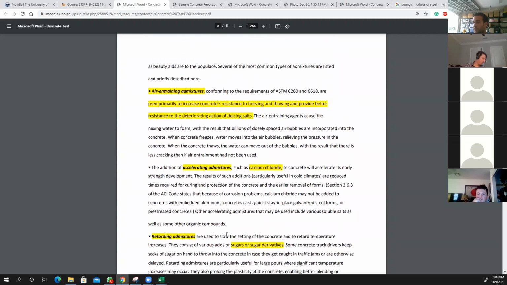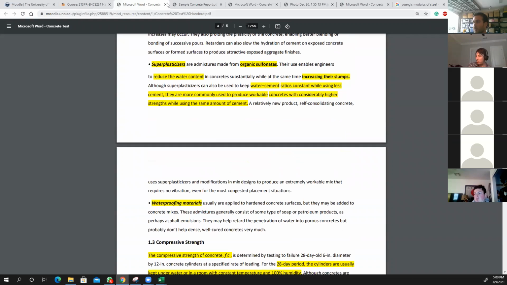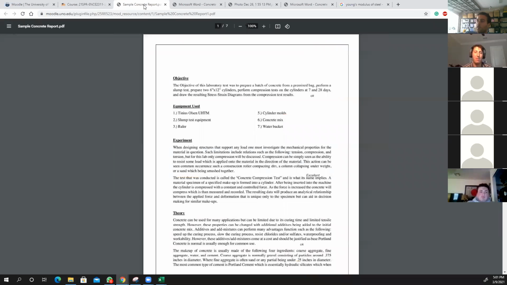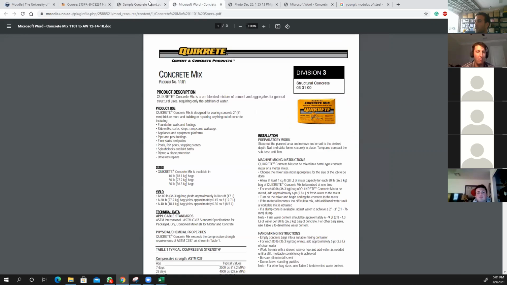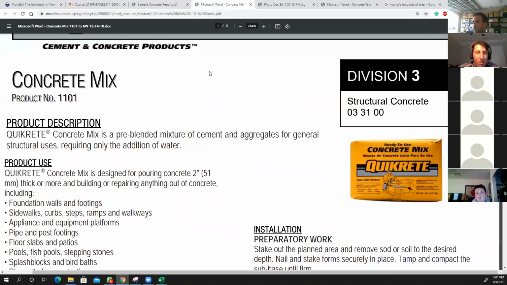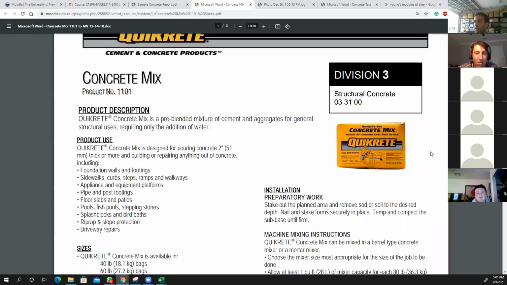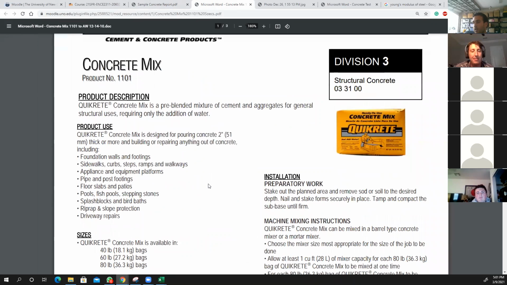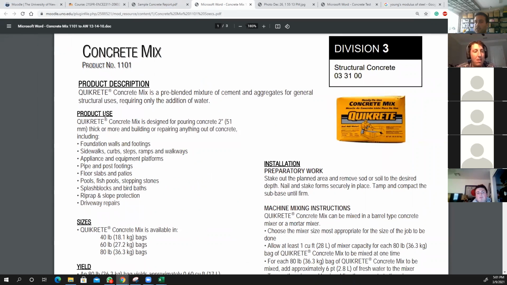These are the admixtures. So make sure you take a look at this file. Before sample concrete reports, this is another one, so you know what we used in the first lab. This was the concrete mix that we used. We used 80 pounds. And you can see what it's used for.